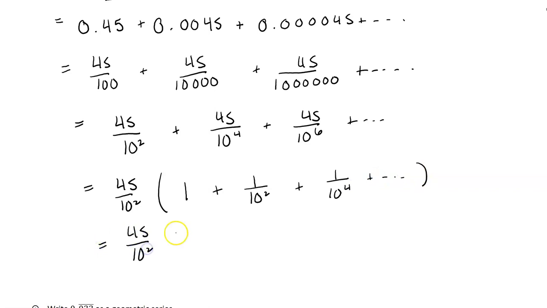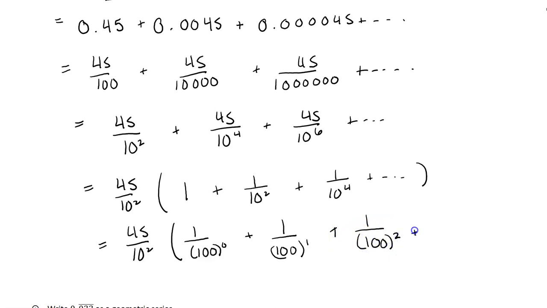And I'm going to observe that I could write 1 as 1 over 100 to the 0 power. 10 squared is 100, so I could write that as 1 over 100 to the 1st power. 10 to the 4th, I could write as 10 squared, or 100 squared.